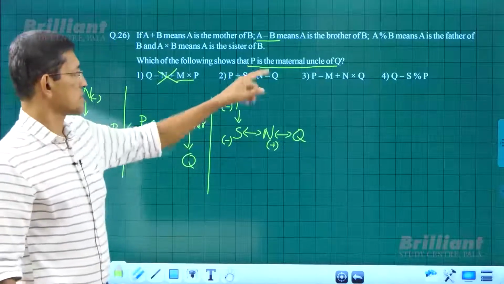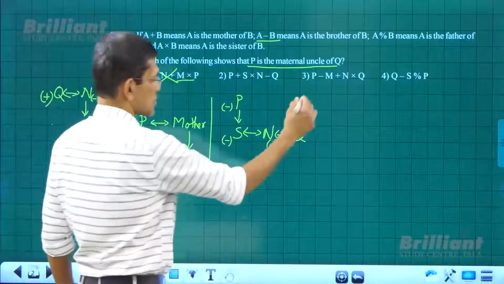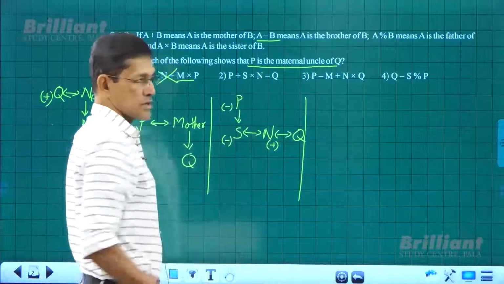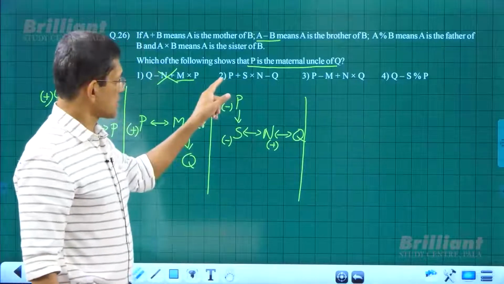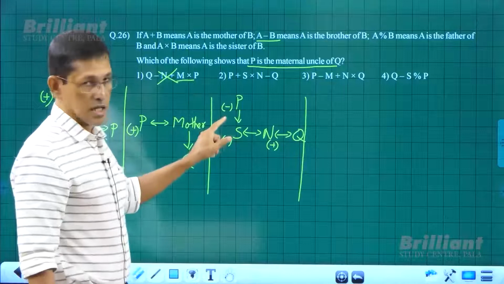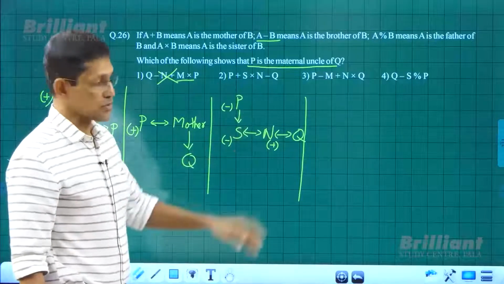How do we say P is the maternal uncle of Q? From the beginning of this answer choice itself, you can see that P is a female, so P cannot be the uncle. So you don't need to proceed with that answer choice.